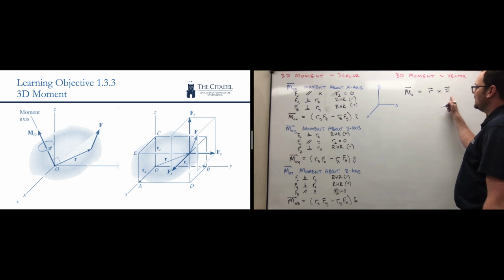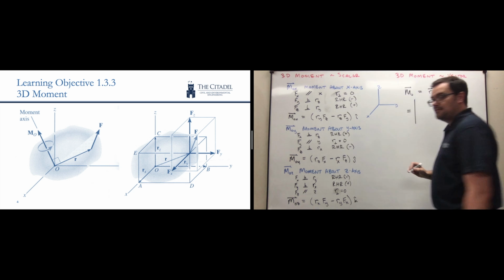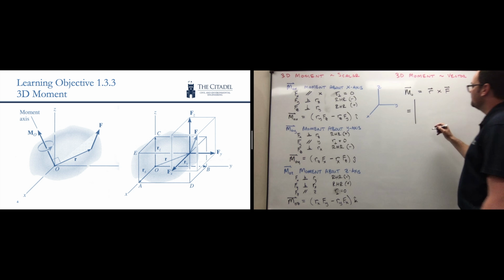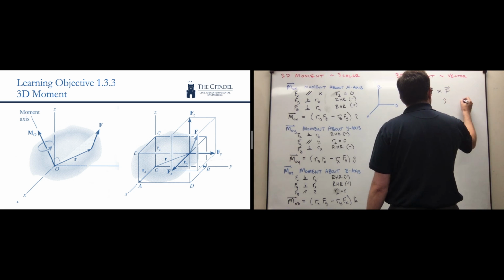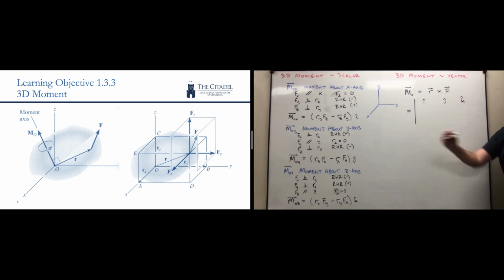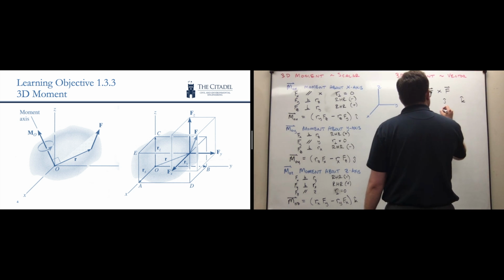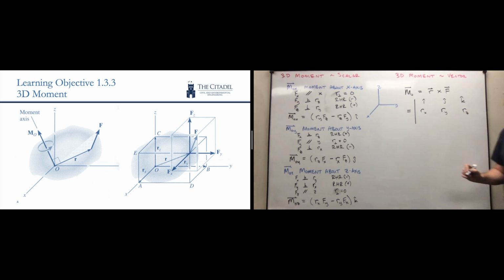But when we solve a cross product like this, what we're going to do is create a determinant of a matrix. And so when we're doing a cross product to calculate a moment, our first row is our unit vectors, I, J, and K. Again, I'm doing this as another way to calculate exactly the same thing. The second row is going to be my first vector. So this will be Rx and Ry and Rz.